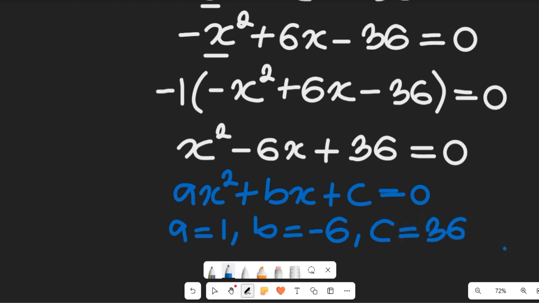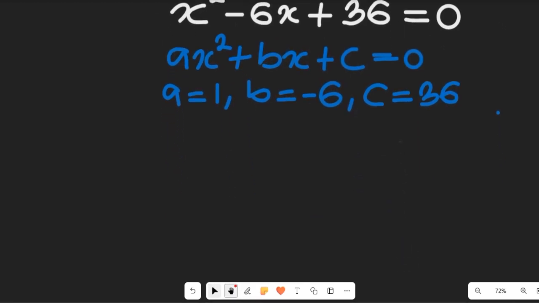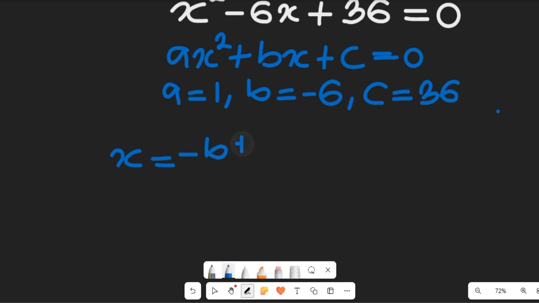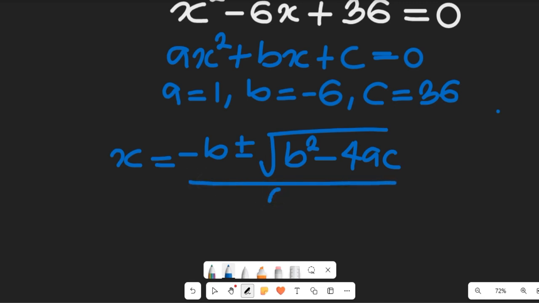So from this expression, we can see that we'll simplify using the quadratic formula. From here, we see that the value of our x can be equal to negative b plus or minus the square root of b squared minus 4ac, all of these divided by 2a.